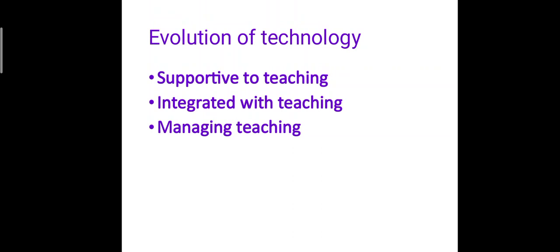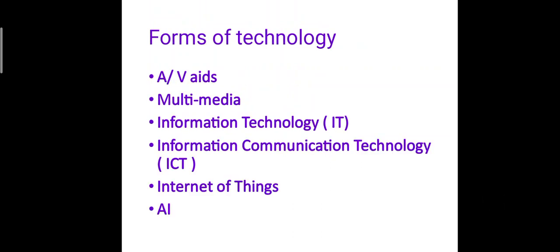So technology, from the place of just a supportive role, evolved into an integrated part of teaching, and now it takes the role of a teacher in many ways, in many forms. That is managing teaching. Technology now starts managing teaching. So that's a brief course of evolution of technology.